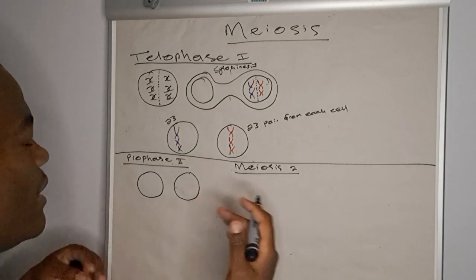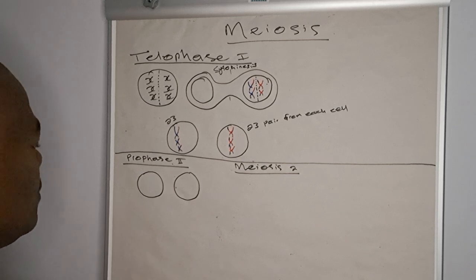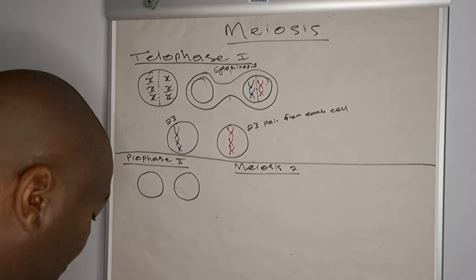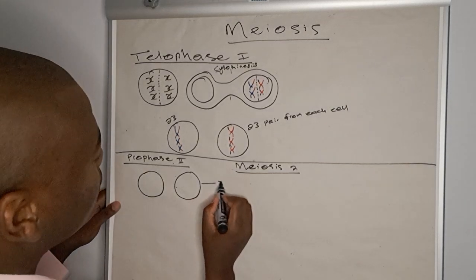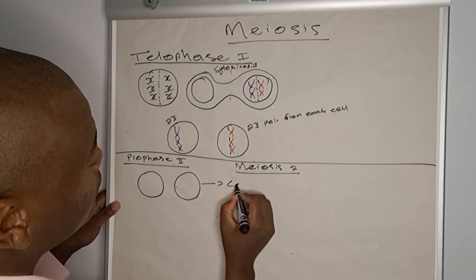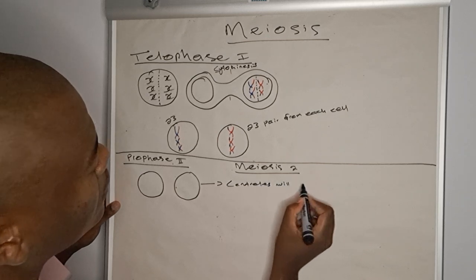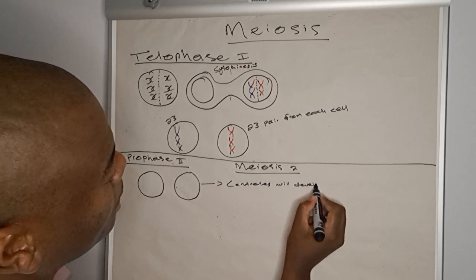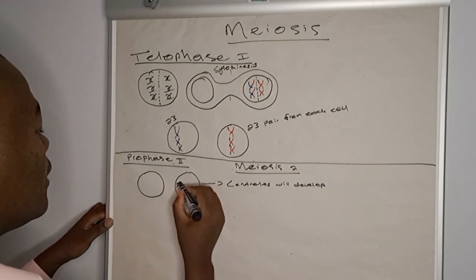We do have mixed DNA now. We are ready to plant the zygote. So what will be happening here is that centrioles will develop.